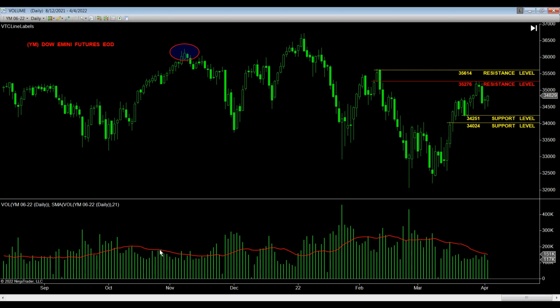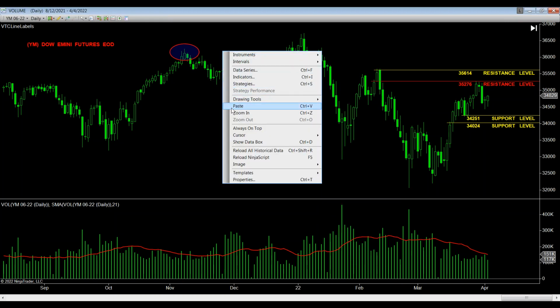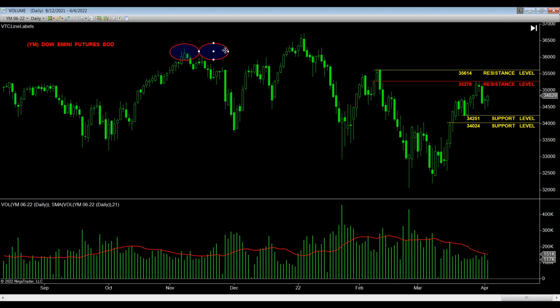So here's your dry up on the volume as compared to the prices that are moving up with nice uniformity, by the way. And then we have some volume that comes in here right at this point, on 11.5, and then that's a blow off, so prices start to move back down. Prices trade down sharply, they move back up, and then a higher pivot point high right here is established there.